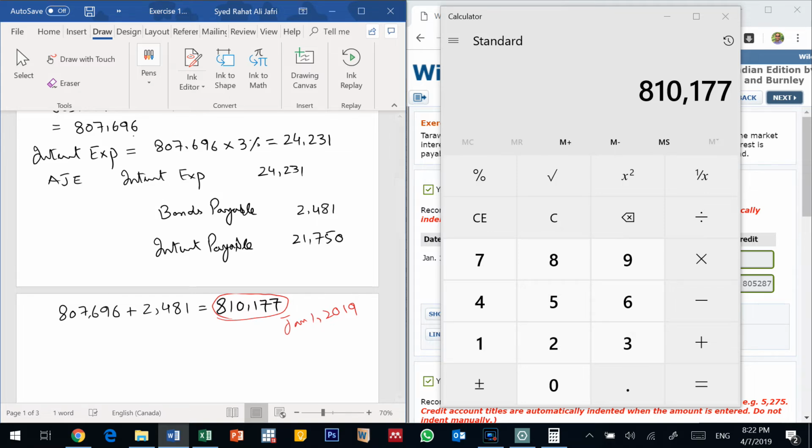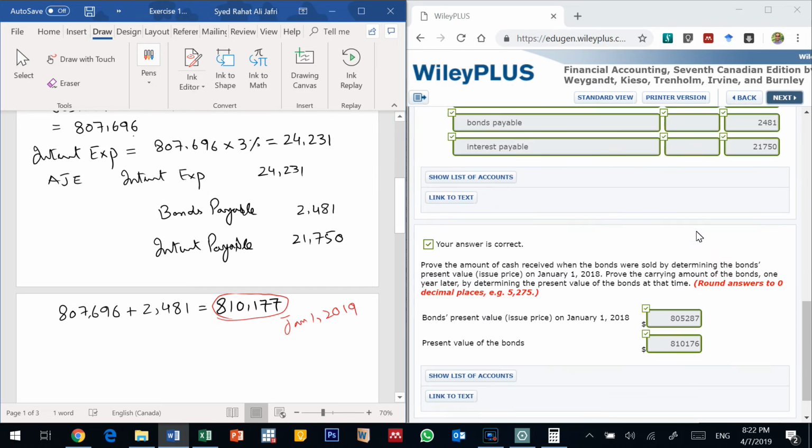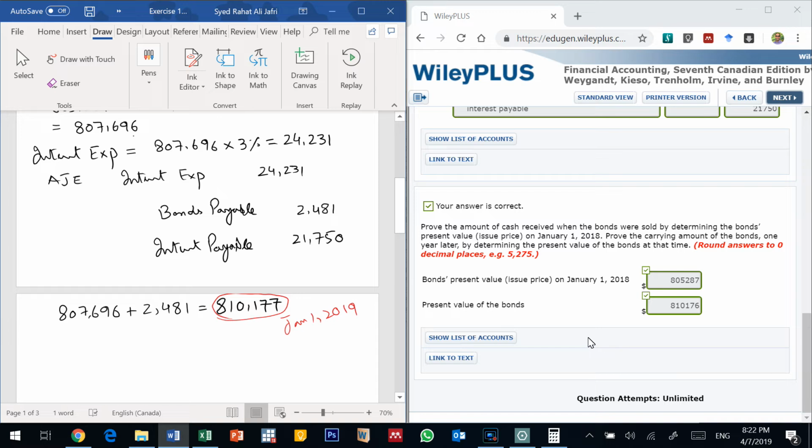But if I go back to my solution, this is the number that I have put, 810,177. So just a difference of $1.